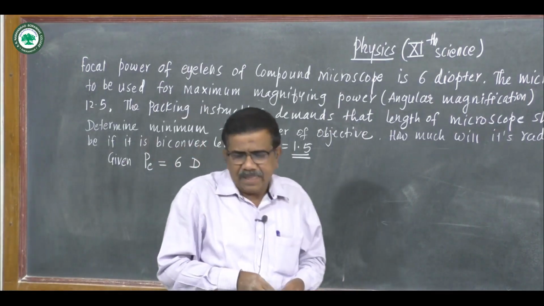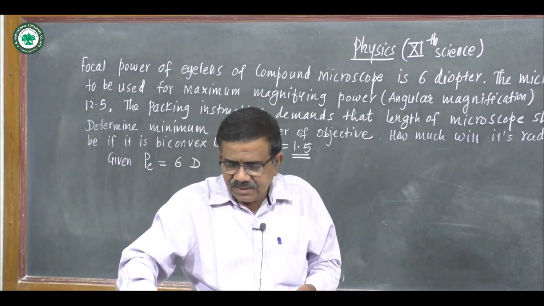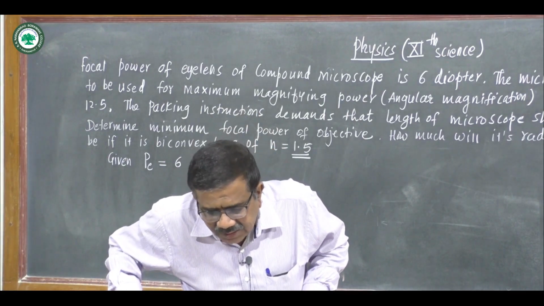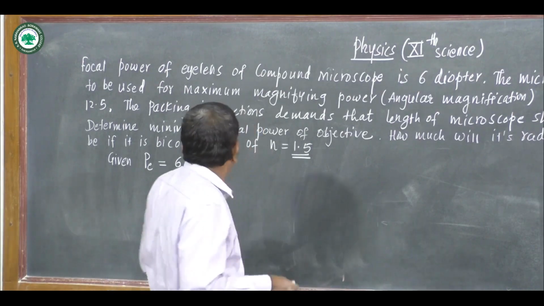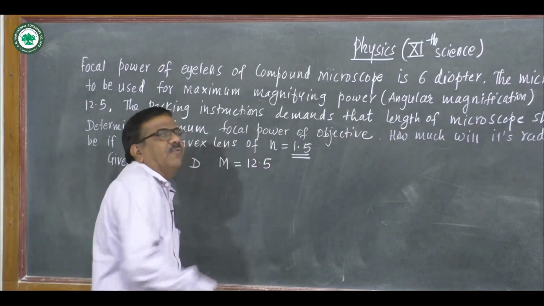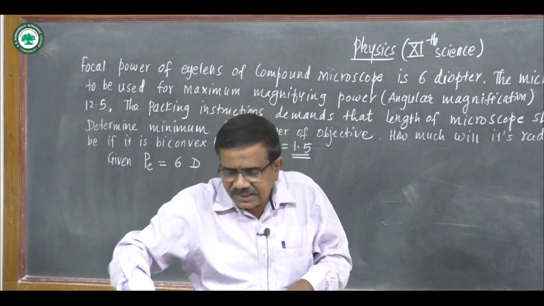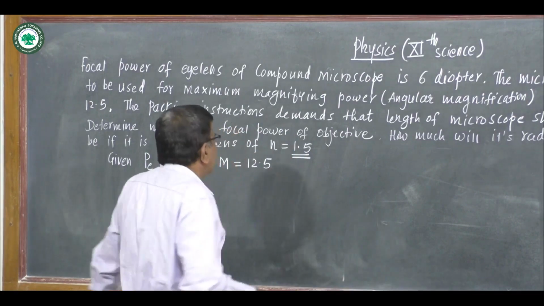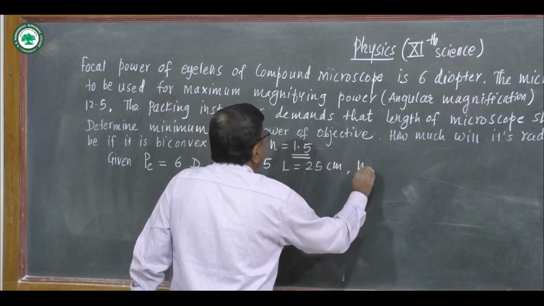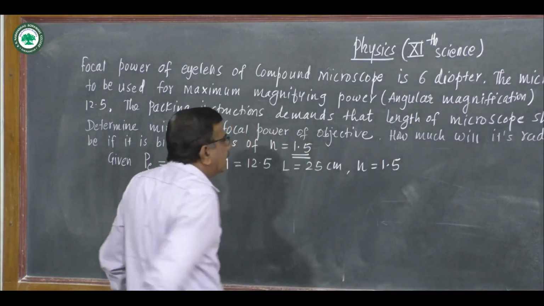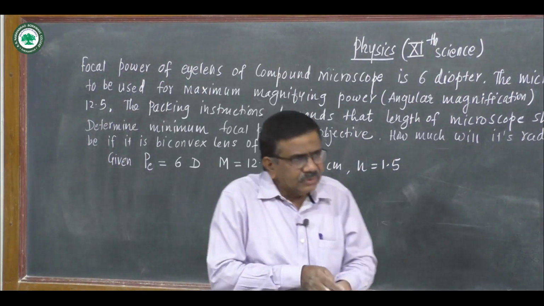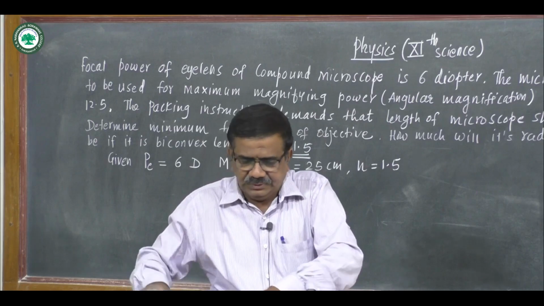Magnifying power M is 12.5, also given. Refractive index is 1.5. These are the given quantities: M is 12.5, L is 25, n is 1.5.